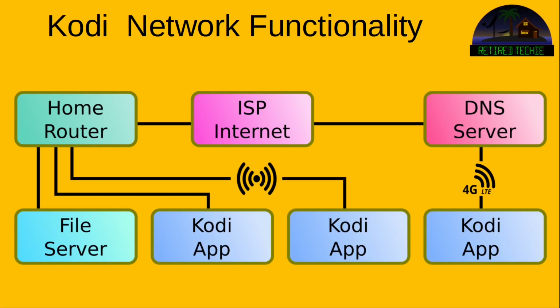It's available on Windows, Linux, I'm not sure about Mac, but it's also available on Android. And to get remote Kodi access, you need to do something with your DNS server, probably like dynamic DNS or Cloudflare tunneling or something along those lines. And if you want to sync up all your apps, you can run a database on your server and attach all the Kodi apps to the database.